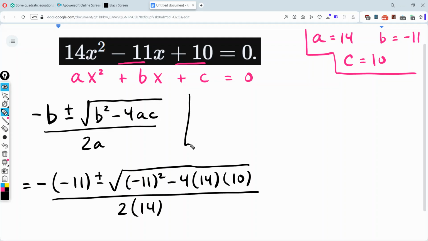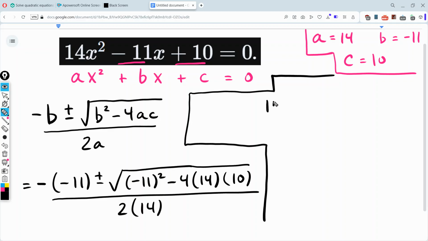Let's see what we could do here. The negative of negative 11 is going to be positive 11, so let's get that out of the way first. We have positive 11 plus or minus, and I am going to simplify everything under the square root. Negative 11 squared, you can do all this on the calculator, is 121.